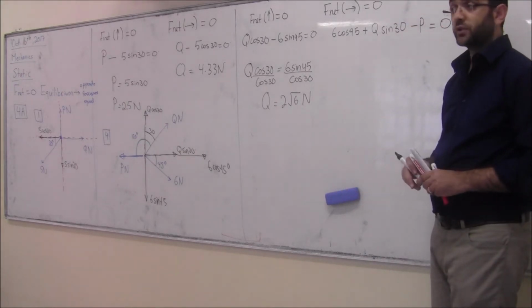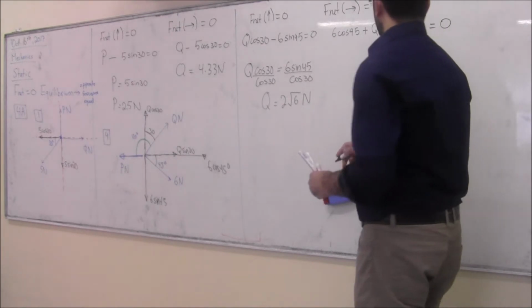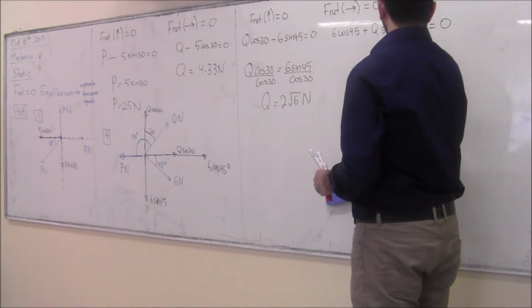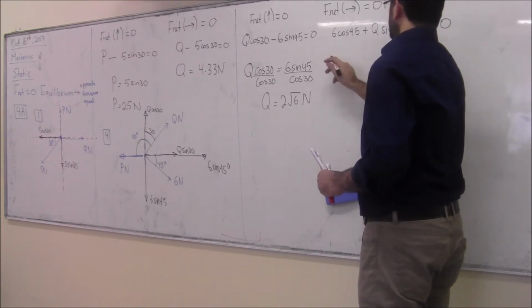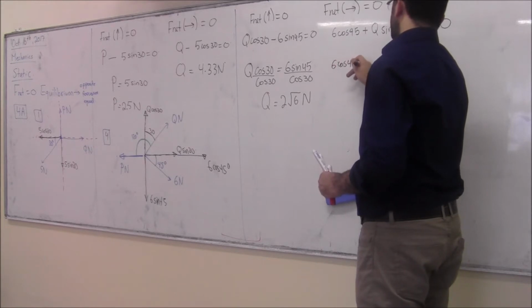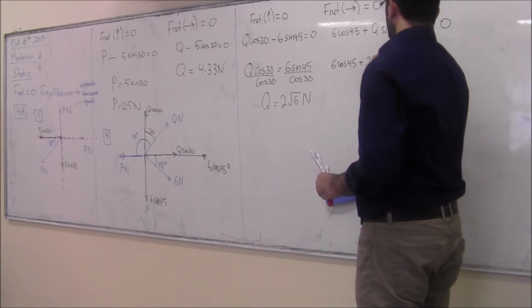Clear? Any question? We need P. So move P this way, and the other side: 6 cosine 45 plus Q, 2 square root of 6, sine 30.